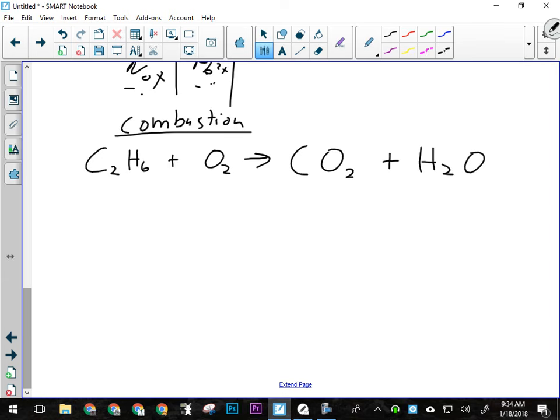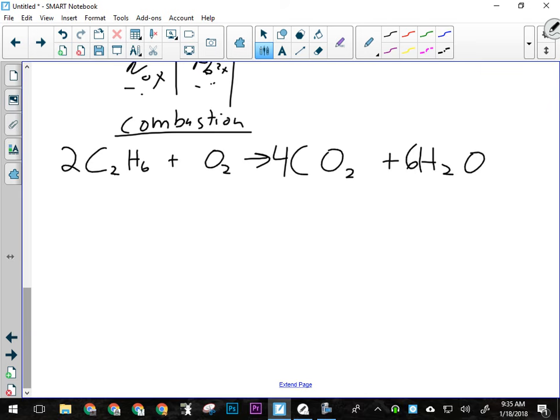When it comes to balancing, are there special rules? Two of them. Balance it alphabetically, and the rule of 2. In this case, carbon's an even number, so I start my balancing with a 2. 2 times 2 is 4, so I've got 4 carbons over here. 6 times 2 is 12 hydrogens.